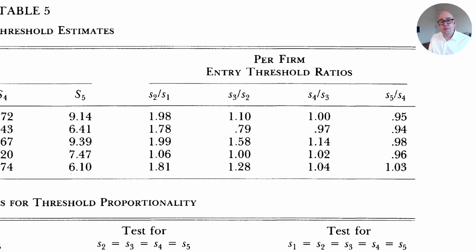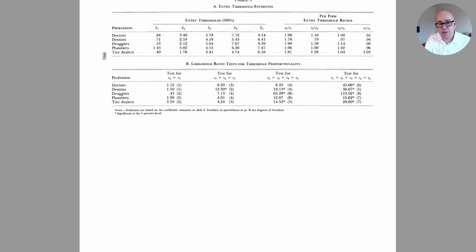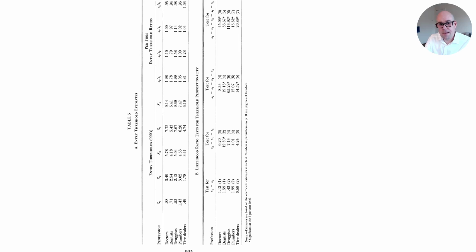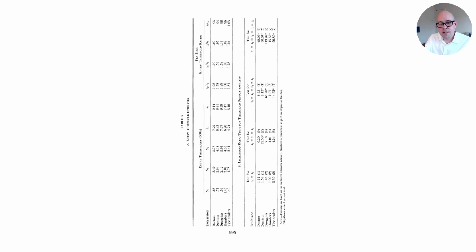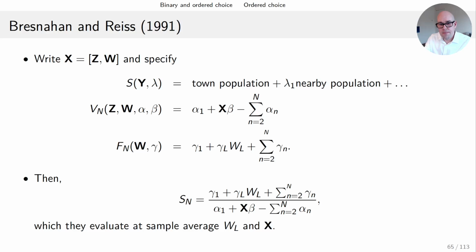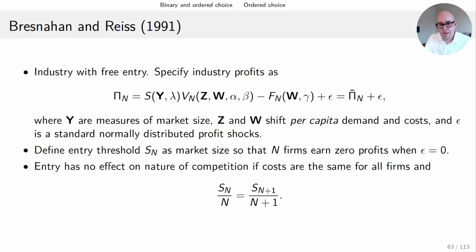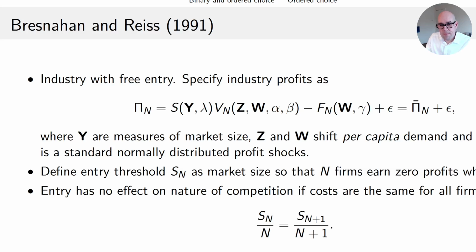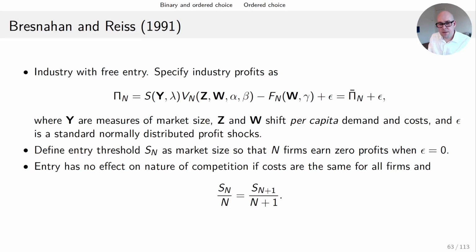And I said before that when this ratio is actually equal to 1, then this means that the nature of competition doesn't change much anymore. And I was probably a little bit fast actually when I said this. I didn't really discuss this before, but it was on the slide here.